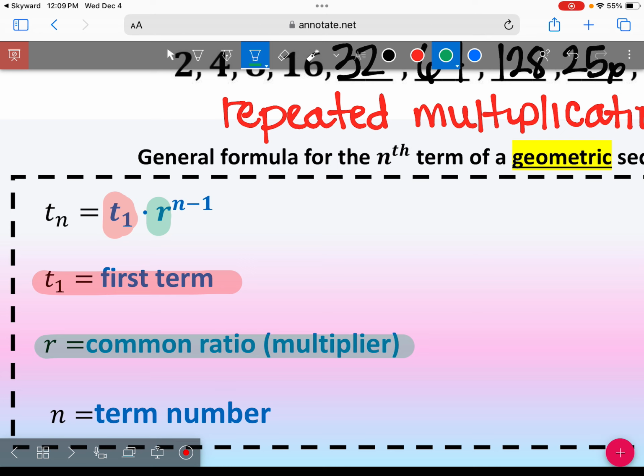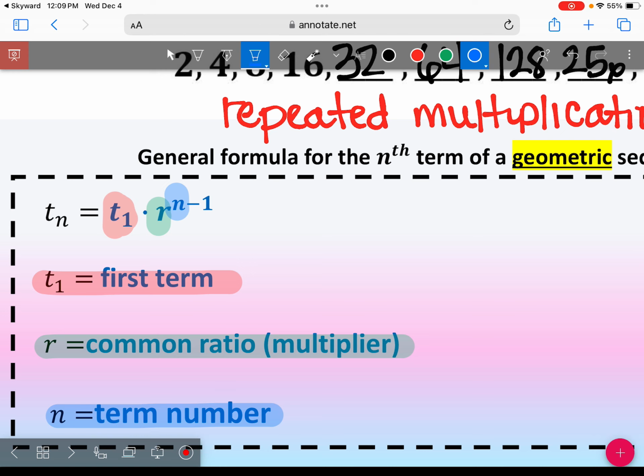And then just like in the last example with arithmetic, N, that's how many terms. Now, I'll give you a minute to copy this down. Most of the time, it's really easy to figure out what that common ratio is. This one was pretty easy because we were just multiplying by 2.